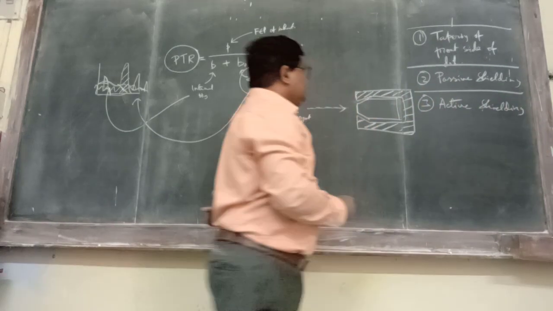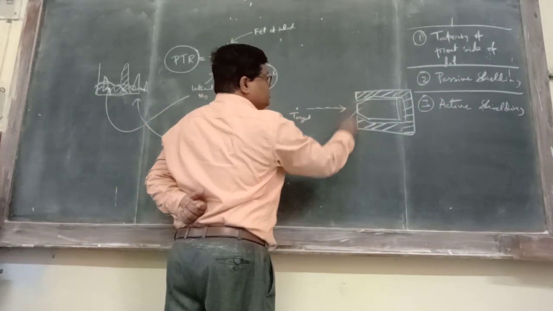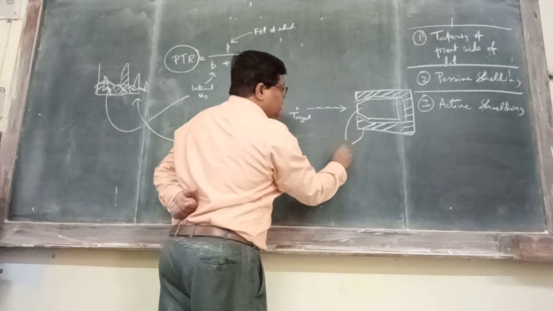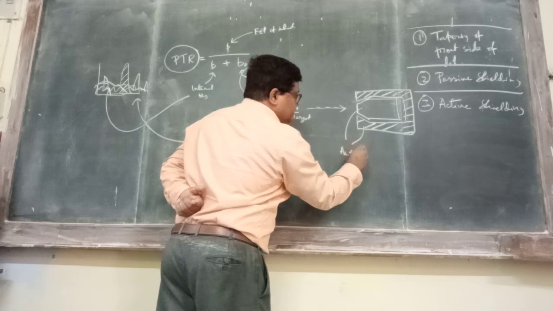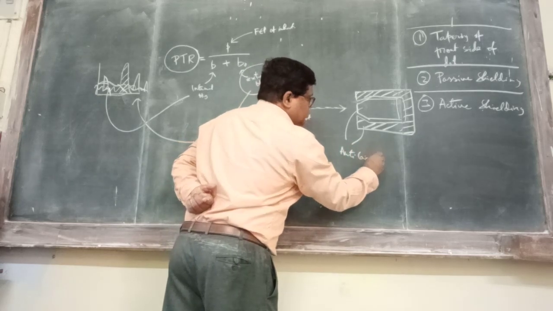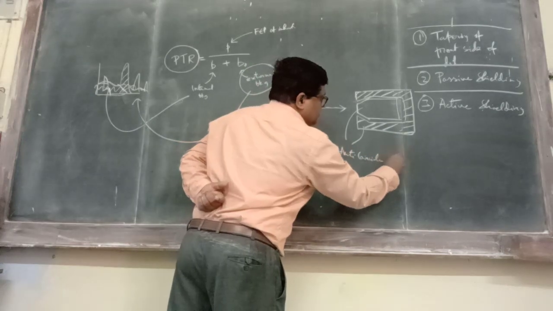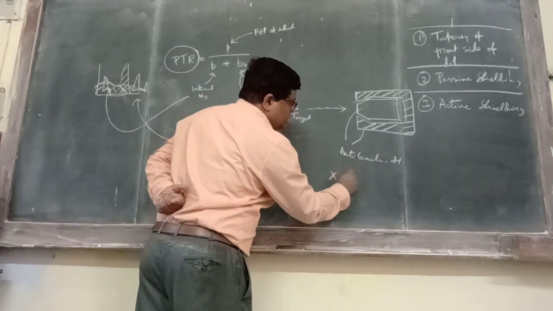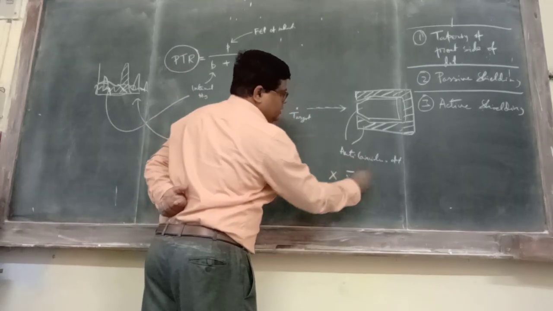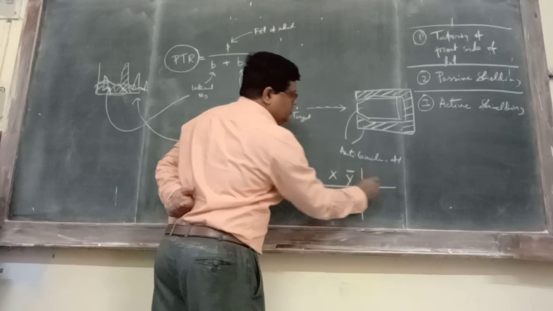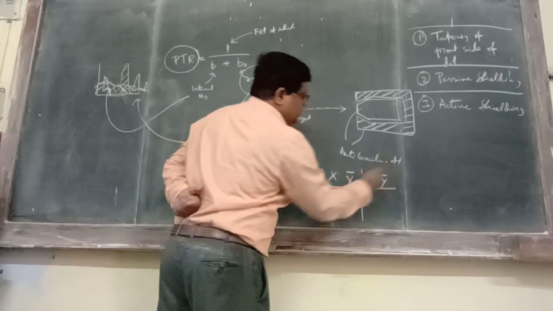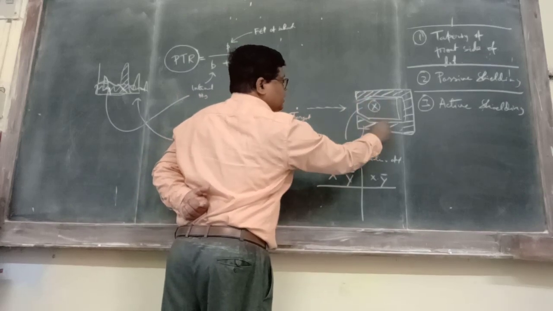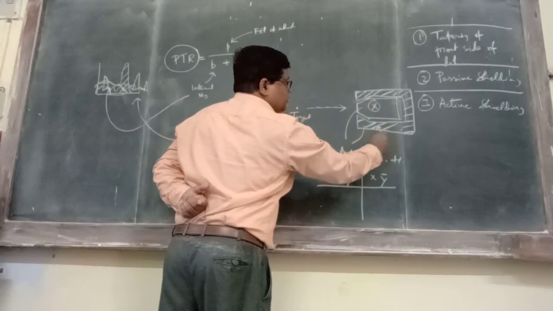What is active shielding? I am going to put the two detectors in an anti-coincidence circuit. The logic will be x into y bar, and this is the output. This is x and this is my y.